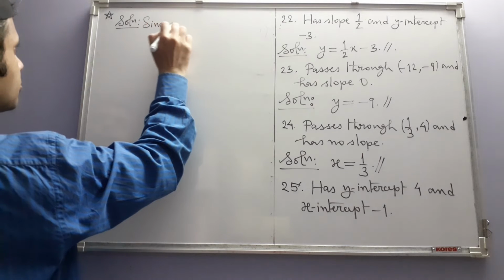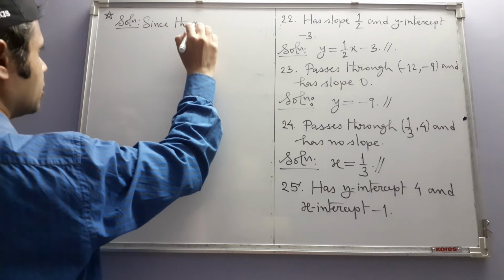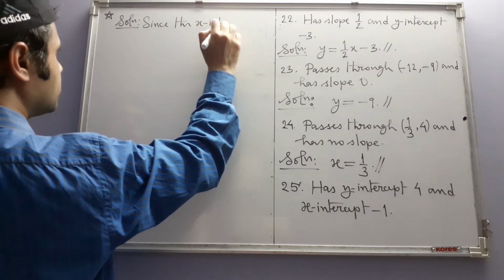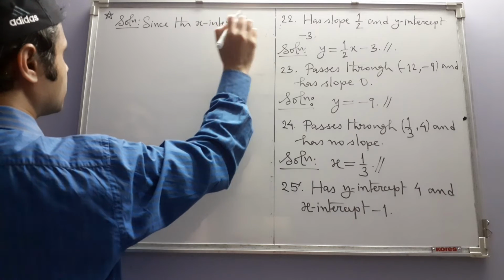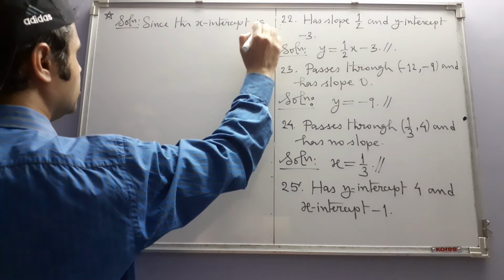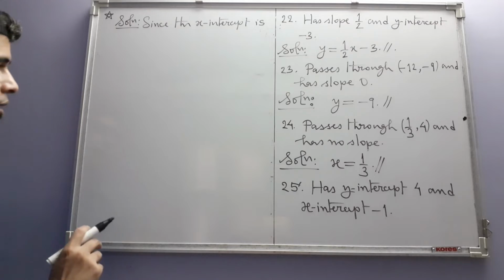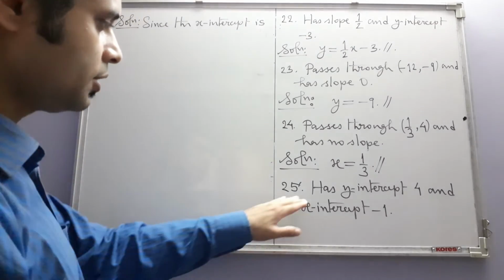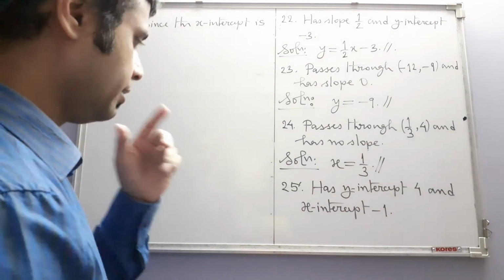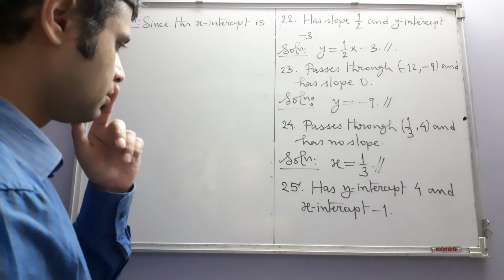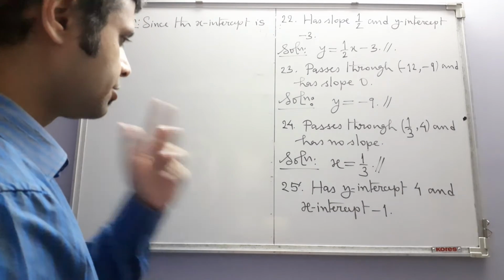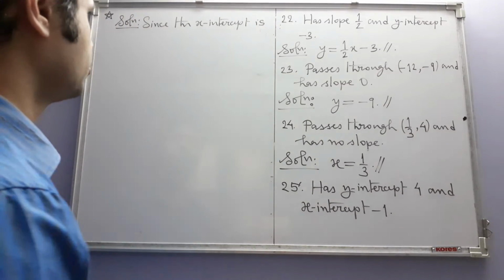Since the x-intercept is, I think it's better to translate both the intercepts into the line passing through 2 points.